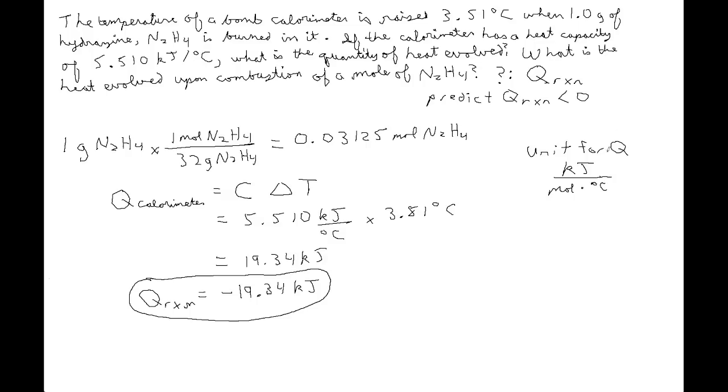Oh, heat of the reaction, it would just be either joules or kilojoules for Q. The heat of combustion would probably be in terms of kilojoules or joules per mole per degree Celsius.